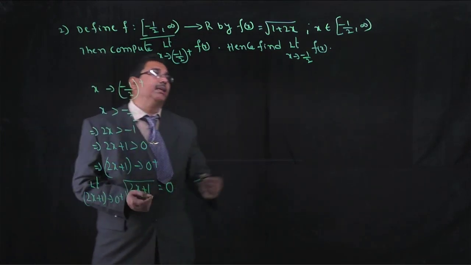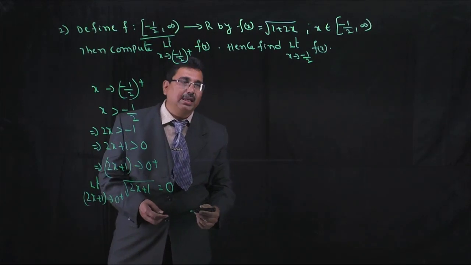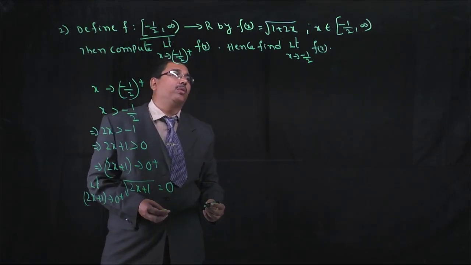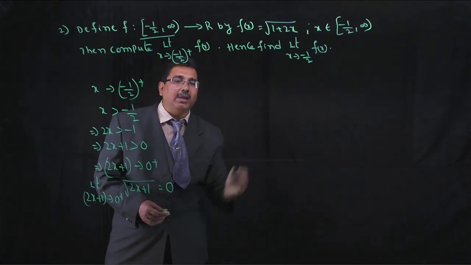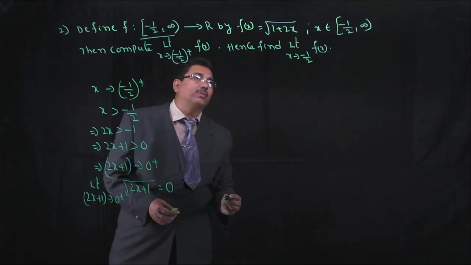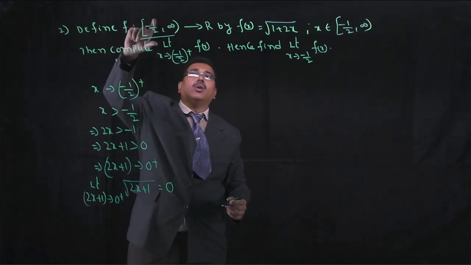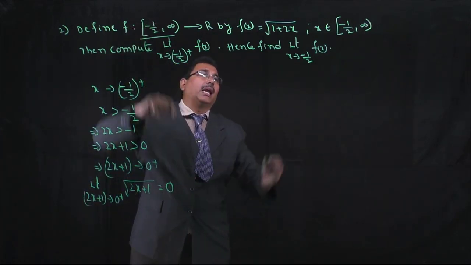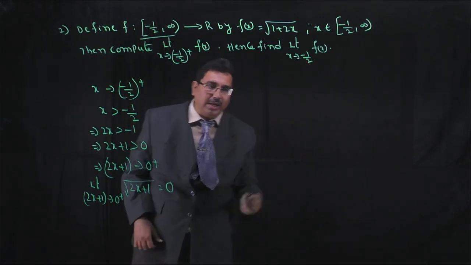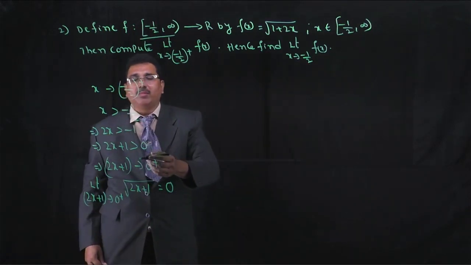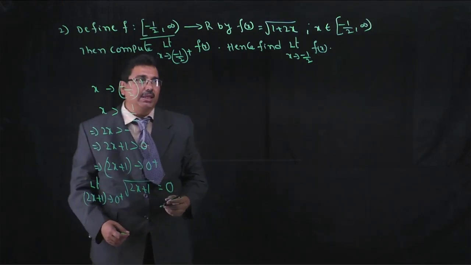Hence, find limit x tending to minus 1 by 2 of f of x. Actually, we have to find the left hand limit and right hand limit at x is equal to minus 1 by 2. But here, considering the domain, only the right hand limit exists at x equal to minus 1 by 2. The right hand limit is equal to 0.